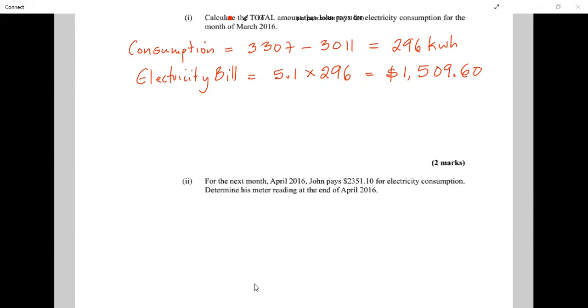So for the month of April, I could say let the number of kilowatt hours be X. Now he's paying $5.10 per kilowatt hour. So $5.10 times X would be equal to the amount he paid, which is $2,351.10.